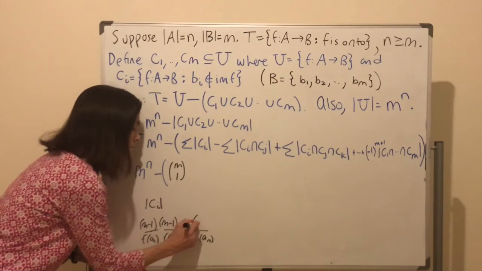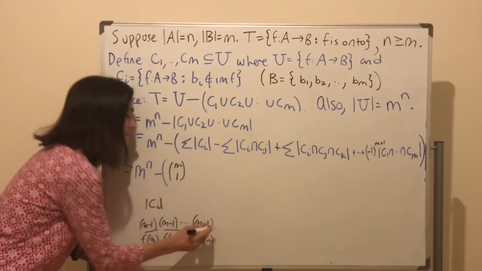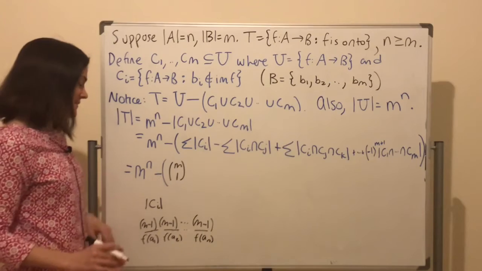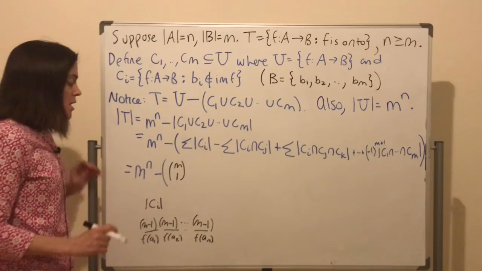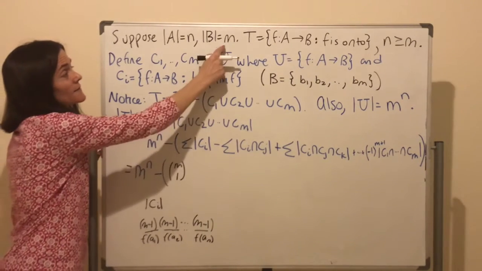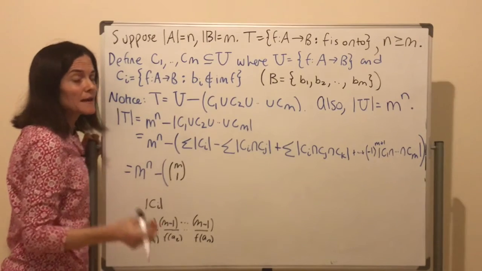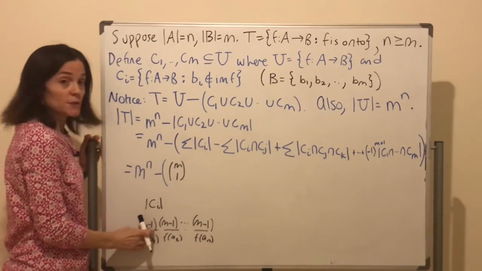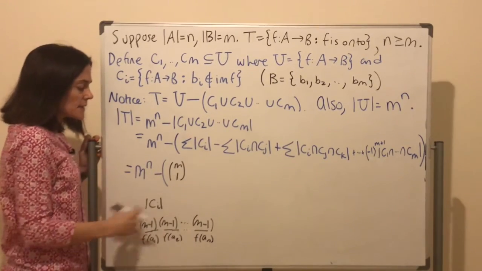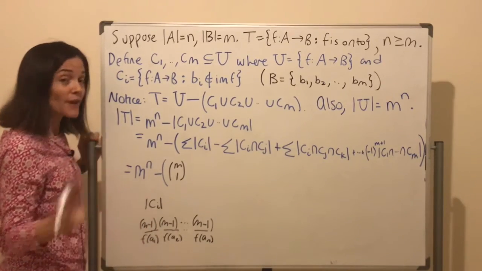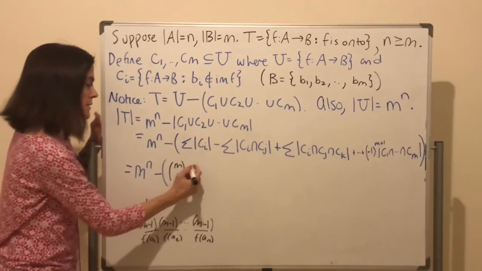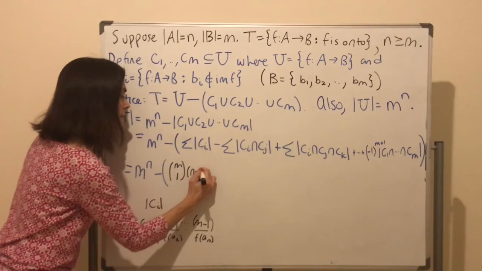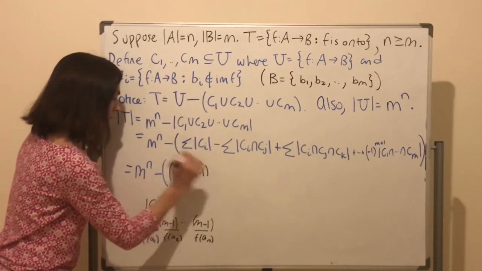This continues, m minus 1 possibilities here. Before, when this was only 3, remember, there were 2, like this. But for general m, you have m minus 1 to the n.